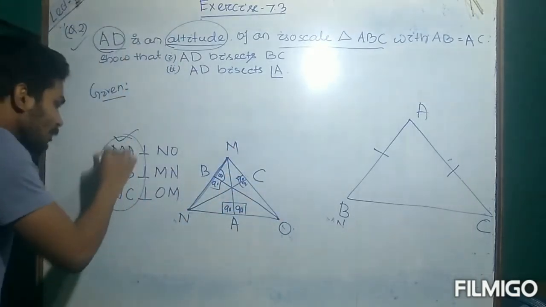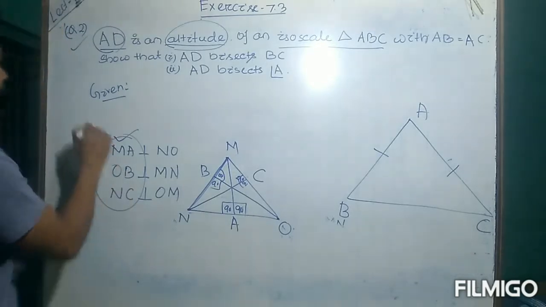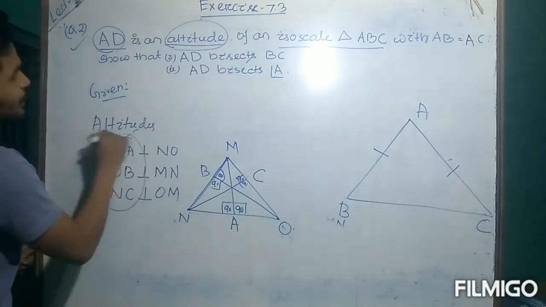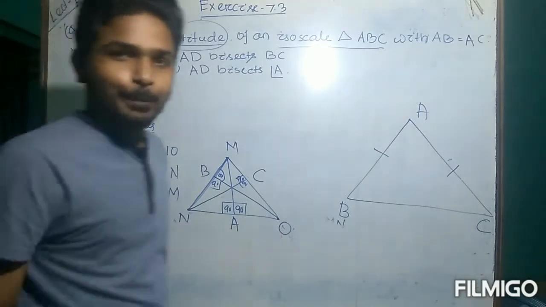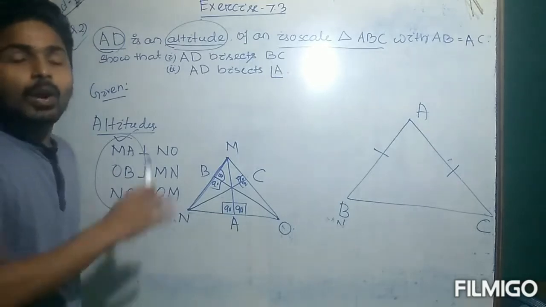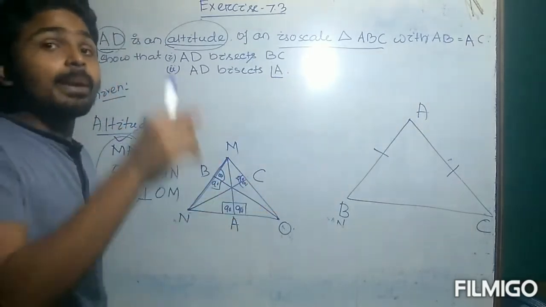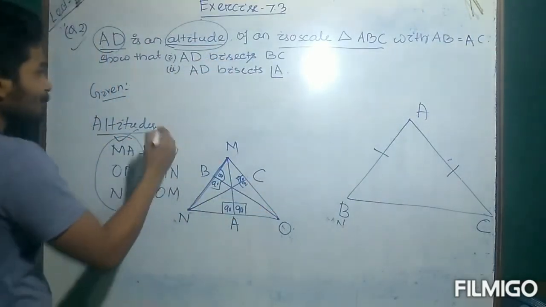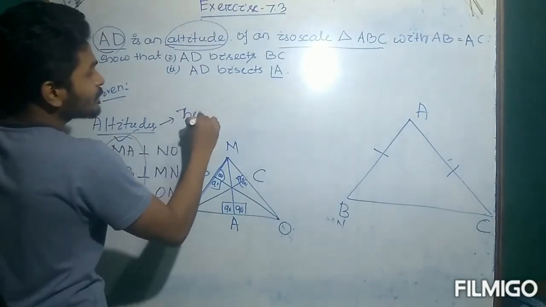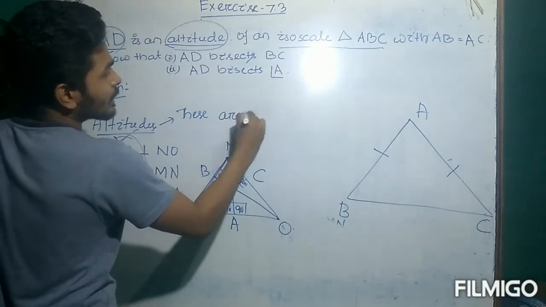Now these three perpendicular lines are also known as altitudes. So the altitude is nothing but the perpendicular line on the side from an opposite vertex. So what is an altitude? Write it down.